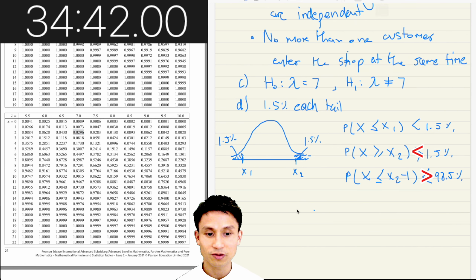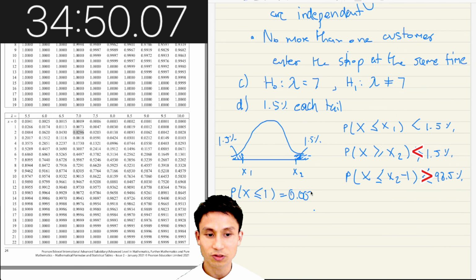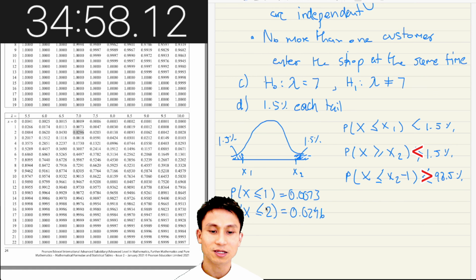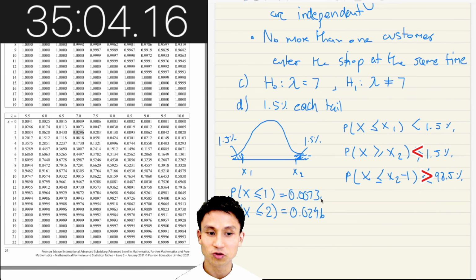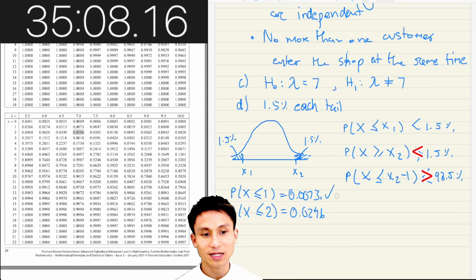So that means we got to write somewhere here that P(X less than or equal to 1) equals 0.0073, but P(X less than or equal to 2) equals 0.0296. So this is greater than the significance level here. So we should use that value instead, that one. All right, we're going to take that one for the left end.